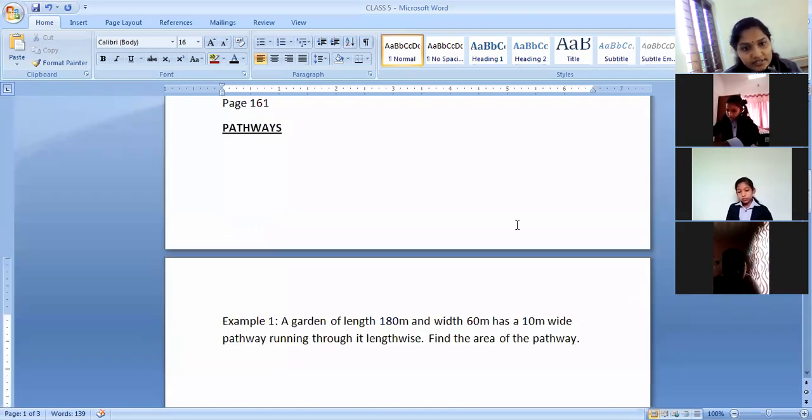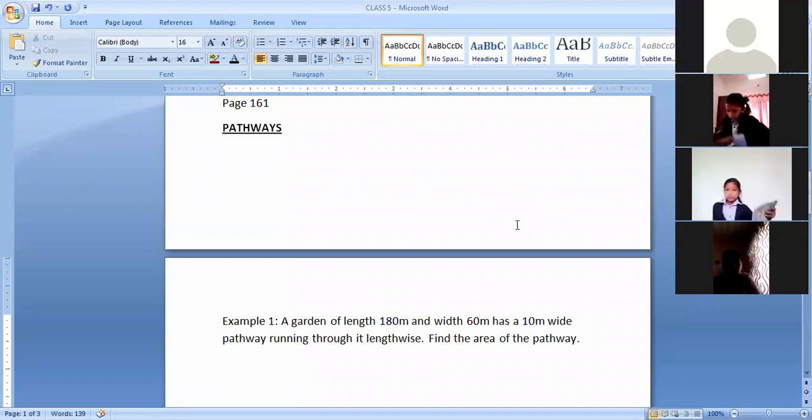Then write this question. I'm not giving this to your notebook. You can read this from your textbook, right? Memorize it now. Lengthwise pathway, breadthwise pathway, pathway all around, lengthwise, breadthwise pathway, or crossroad.